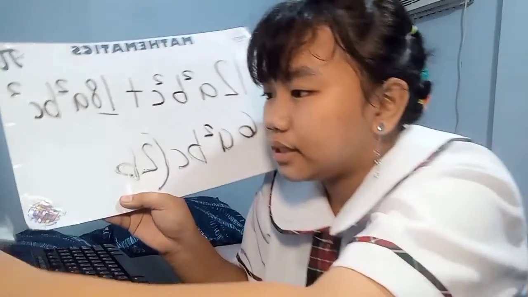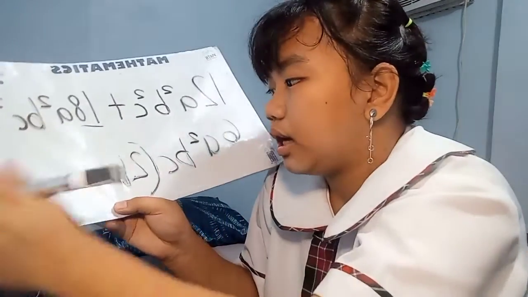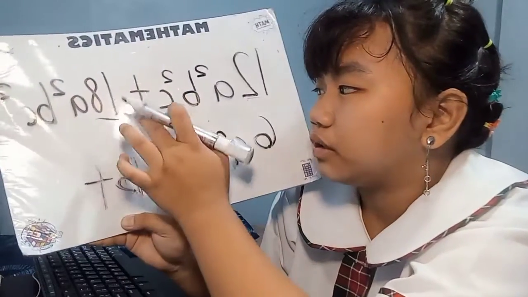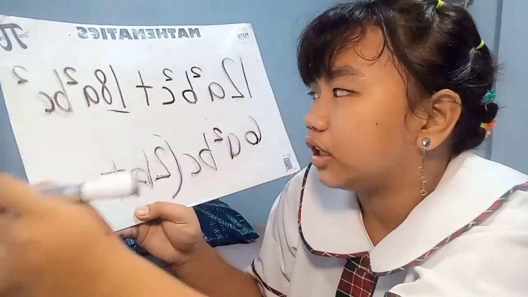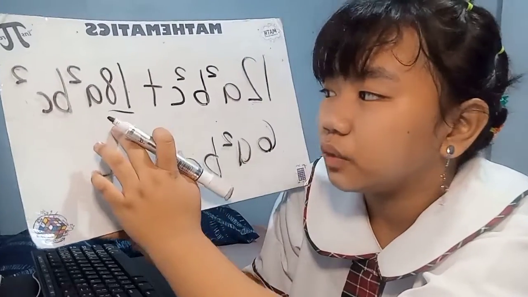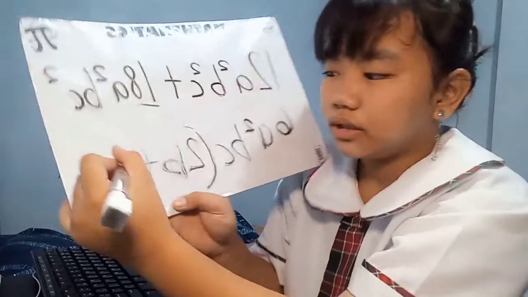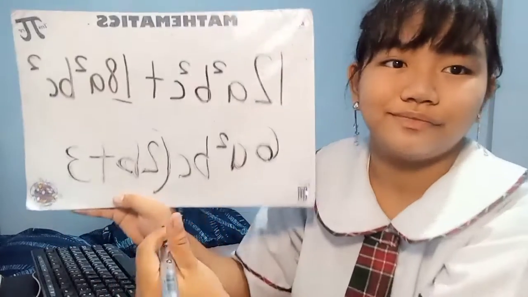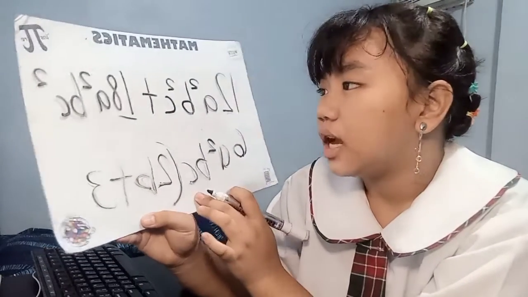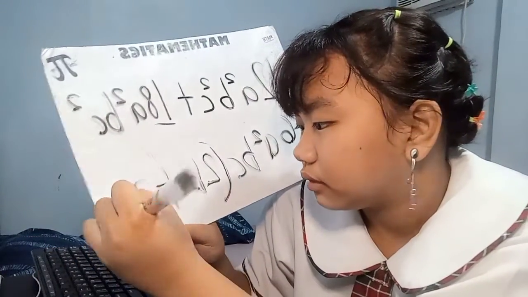And c, dahil para naman silang common, we're not going to write it. And then we're going to put the plus sign because it has a plus sign here. Gagayahin lang natin siya. And then we're going to divide 6a squared bc into 18a squared bc squared. So, 18 divided by 6 is 3, and a squared bc divided by a squared bc squared is equal to c.